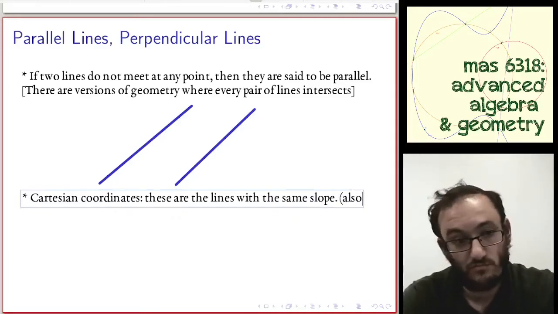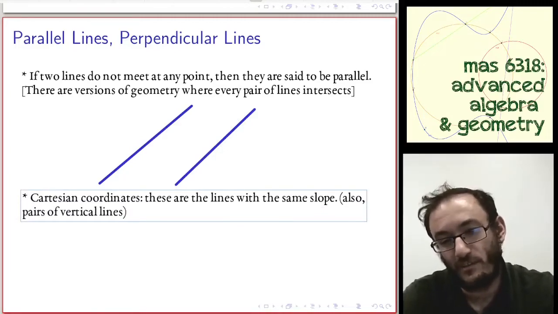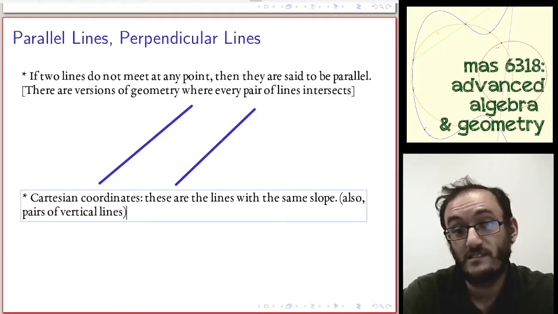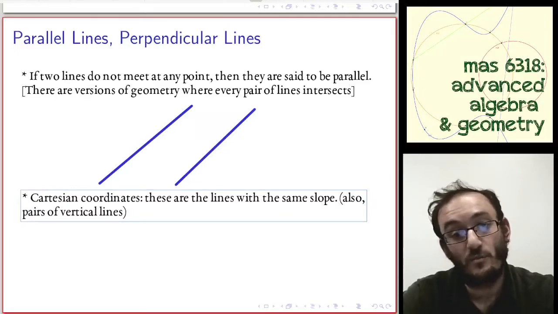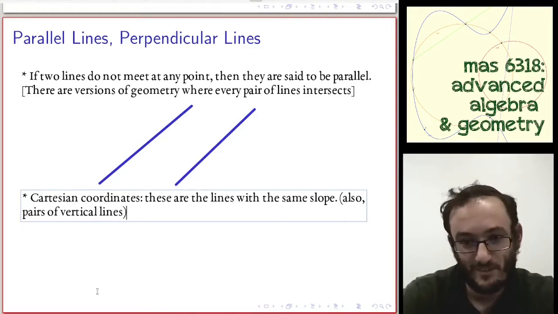They're also pairs of vertical lines. Since for vertical lines you can't really define slope in quite the same way, we'll assert that any pair of vertical lines are parallel, but for other lines, if they have the same slope, then they are parallel, unless they are identical. So they're either identical or parallel.